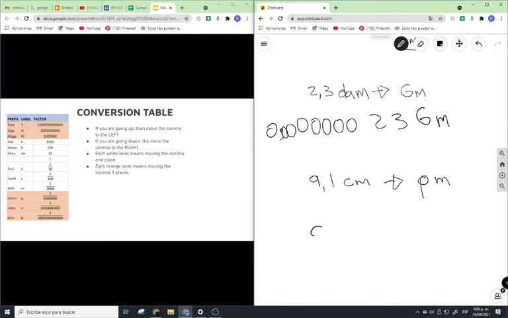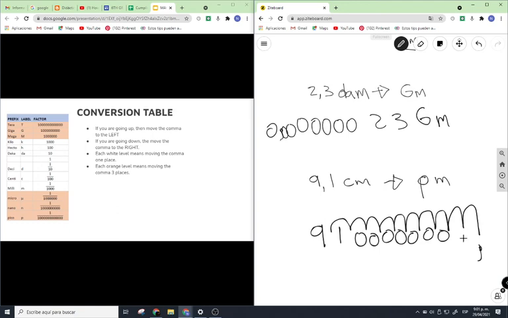So we have the 9,1, and we move it 10 places to the right. 1, 2, 3, 4, 5, 6, 7, 8, 9, 10. The comma is going to be here. And what is inside this space? So zeros. That's it.